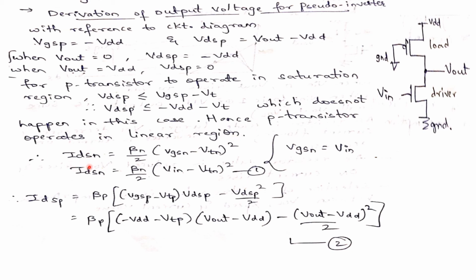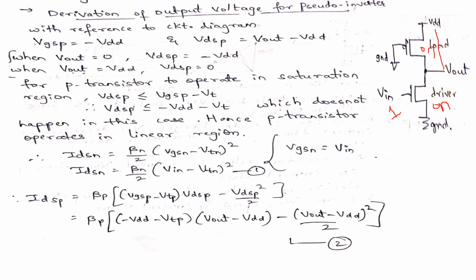So IDS for the NMOS device is given by beta by 2 (VGS minus VTN) square. That is the saturation current expression, because when input is 1, the pull down is on, and the pull up is also on because the gate is permanently grounded.